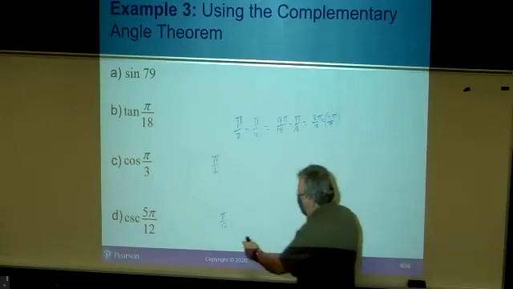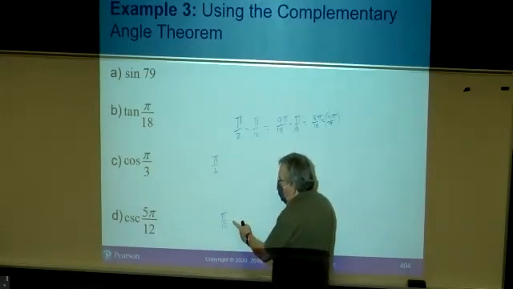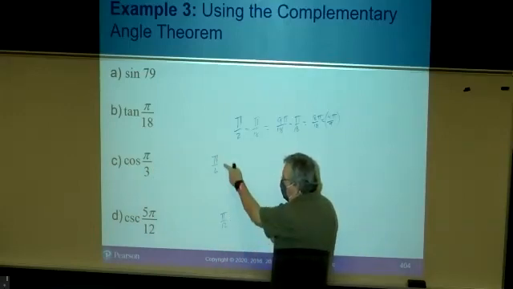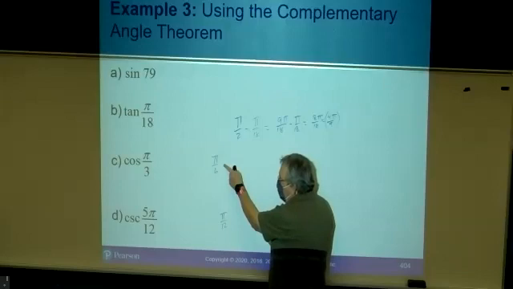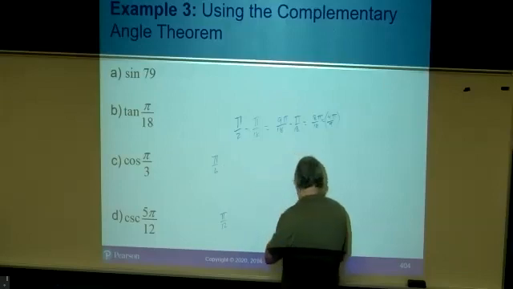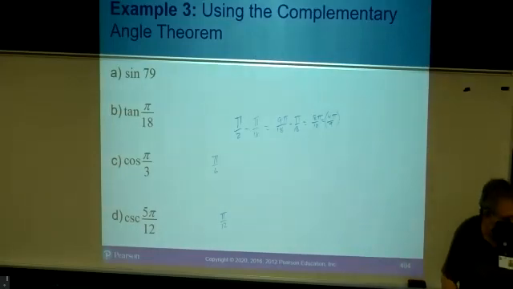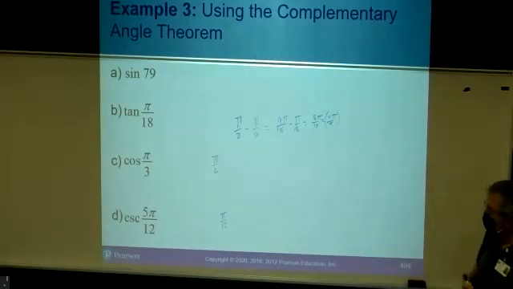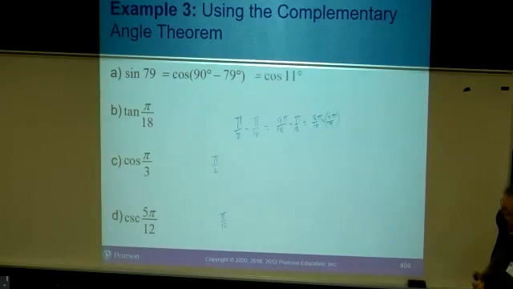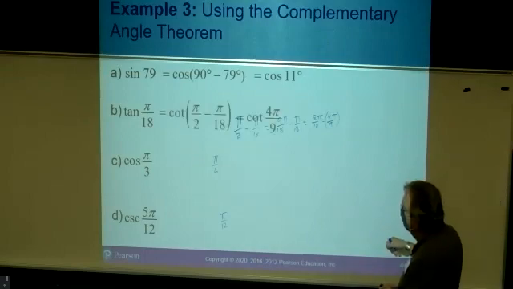And so this would be secant of pi over 12, and this would be sine of pi over 6. This one is done the same way. They solved it the same way I did.